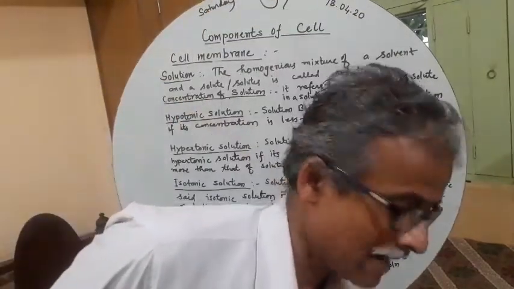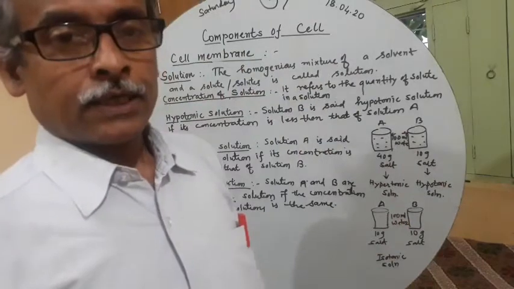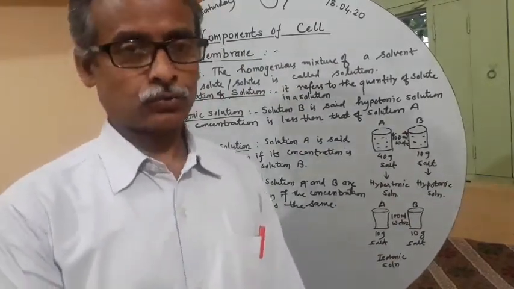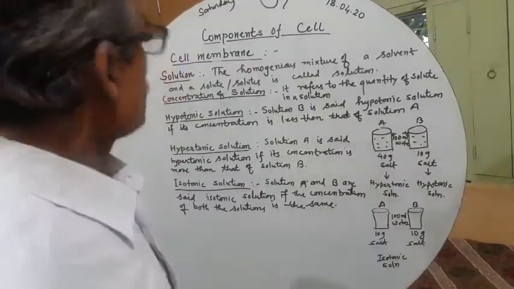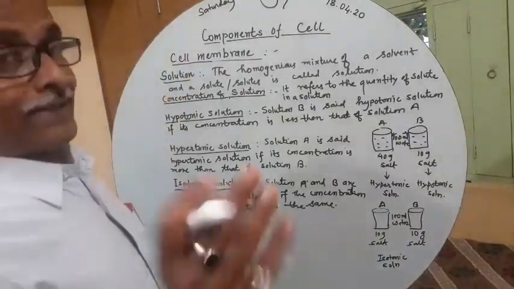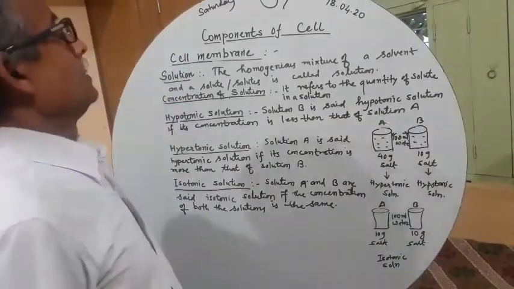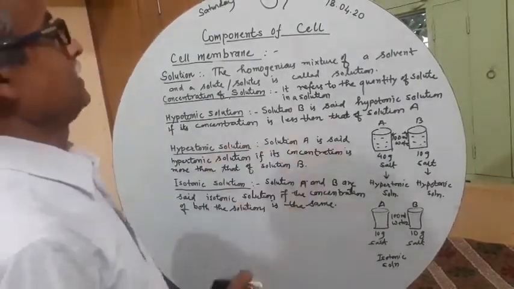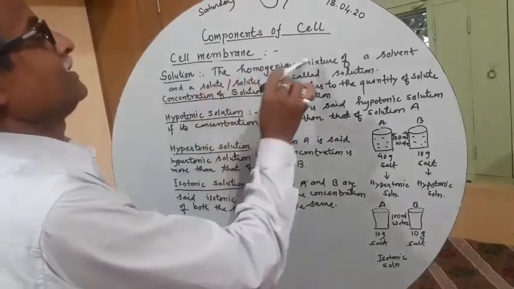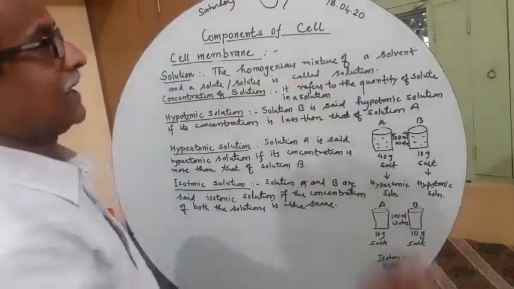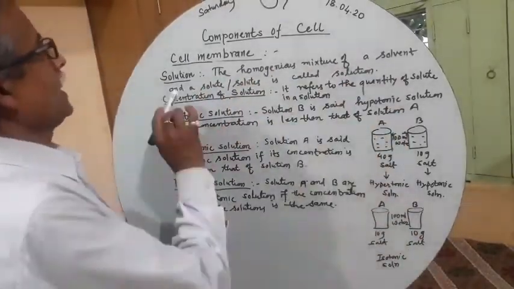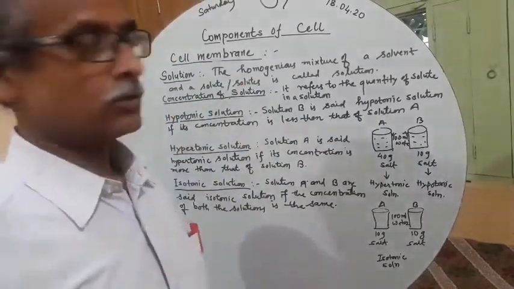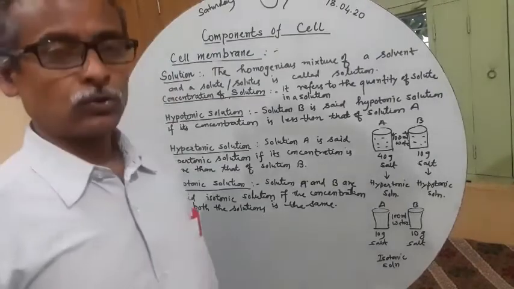How did it happen? If we want to explain it, we should learn about solution. So, what is solution? It can be defined in many ways, but very simply, the homogeneous mixture of a solvent and a solute or solutes is called solution.